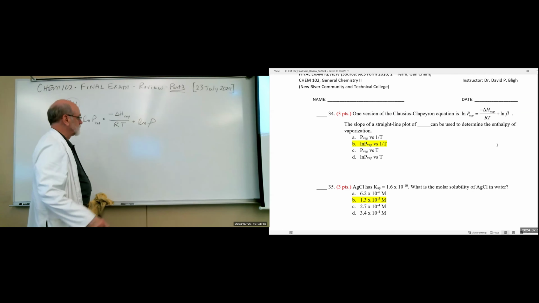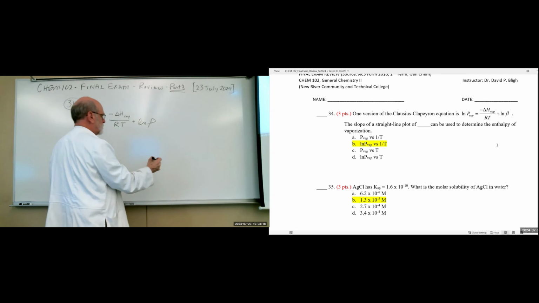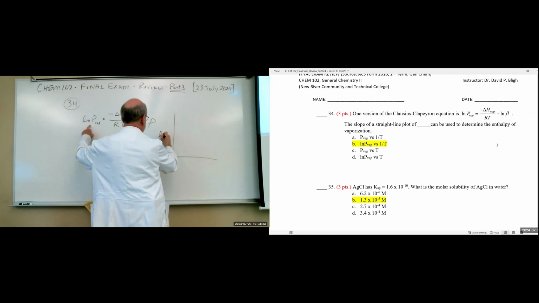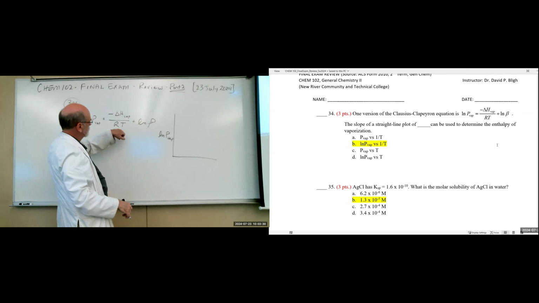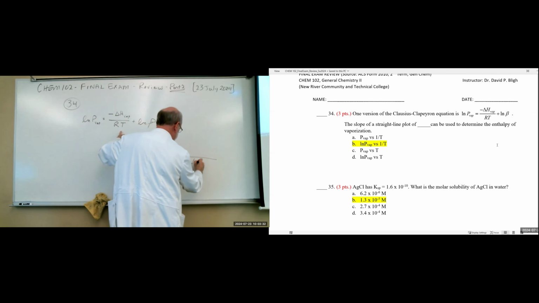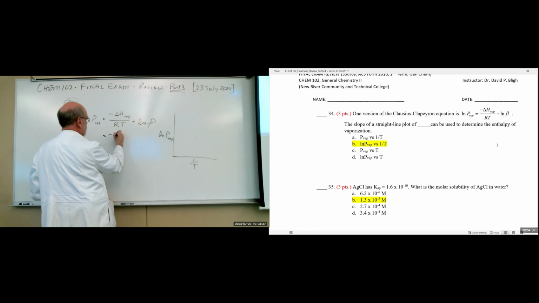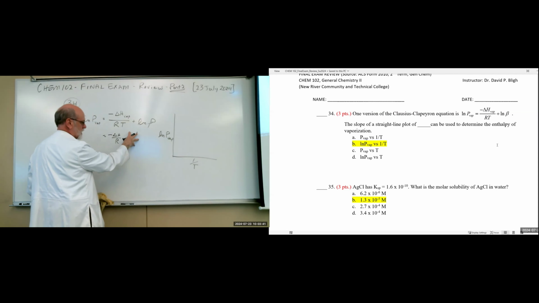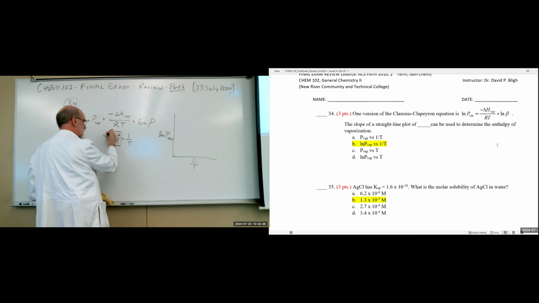Oh, okay. So if we plot this on a graph and we make y the natural log of the vapor pressure, and we plot 1 over T temperature here, then that extracts this delta H over R times 1 over T. Right, there's your X, there's your Y. This is the slope of the line.